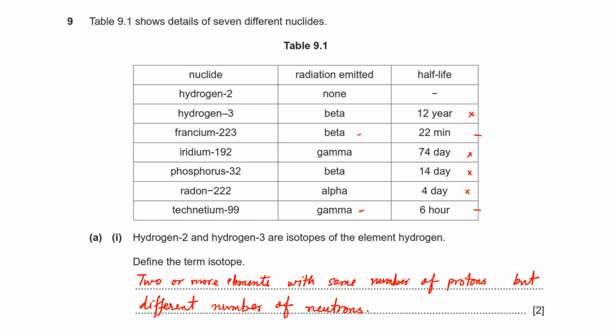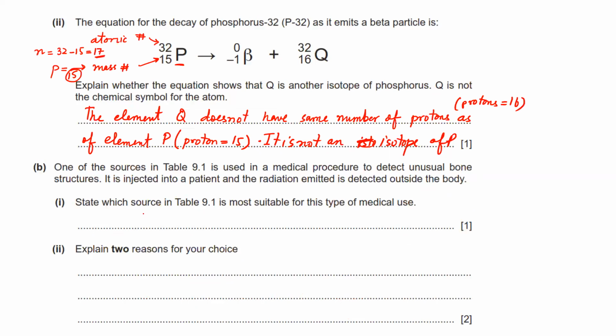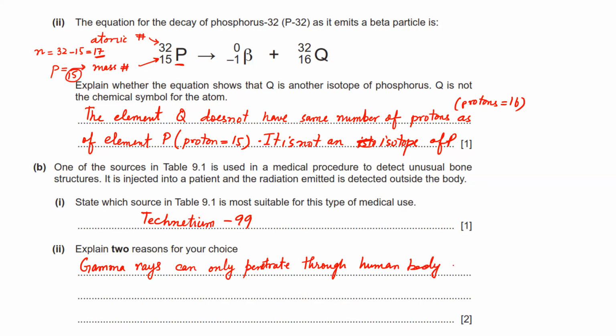So technetium 99 would be the best choice. Technetium 99 is the one we'll be using. Explain 2 reasons for your choice. So gamma rays can penetrate through the human body and can be detected.